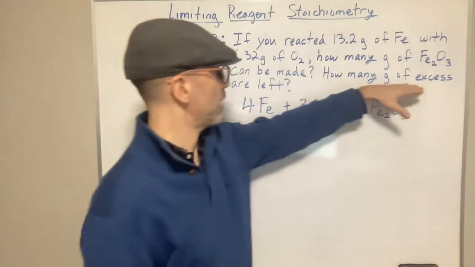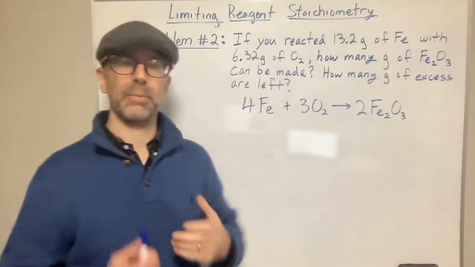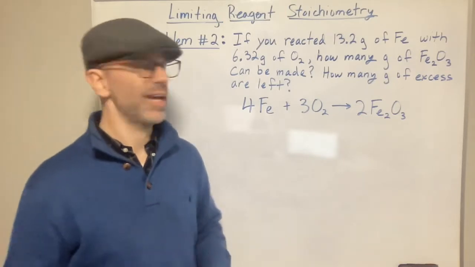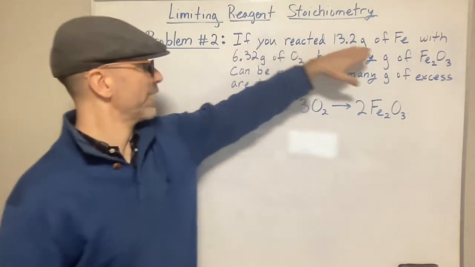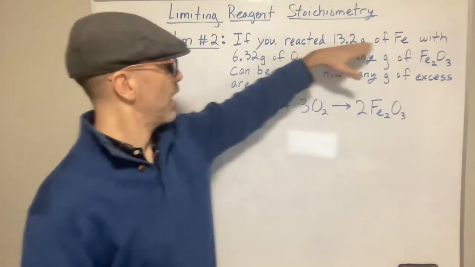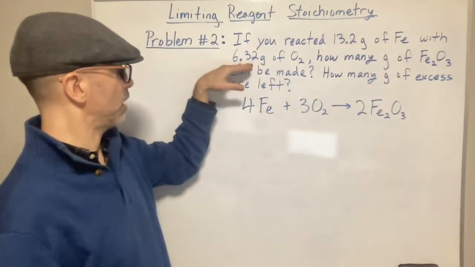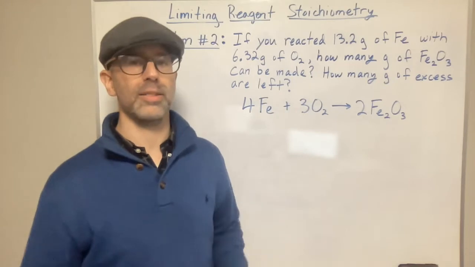And how many grams of excess are left? So we know that this is a limiting reagent problem because again, they give you two different amounts, an amount of iron and an amount of oxygen, and they want to know how much of the product is made.